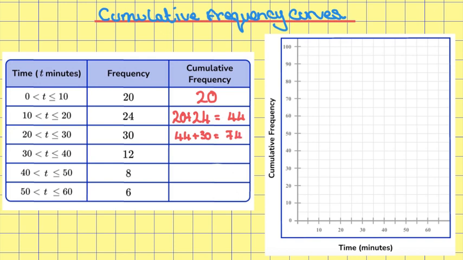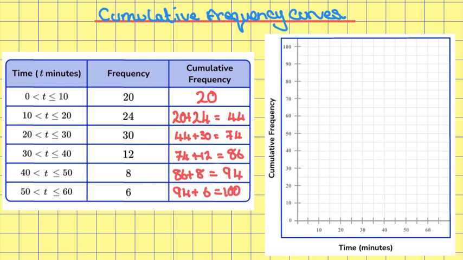The next row is 74 plus 12, which is equal to 86. The next is 86 plus 8, which is equal to 94. And the next is 94 plus 6, which is equal to 100. So altogether, 100 people were timed on how long it took them to do this puzzle.